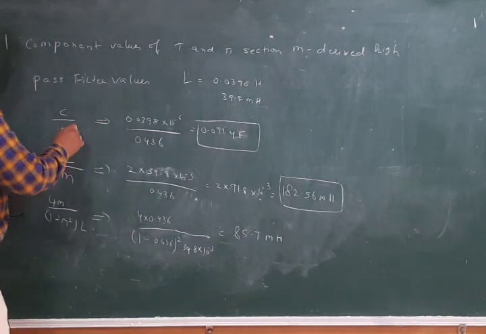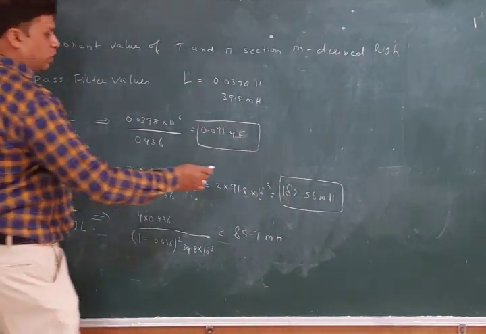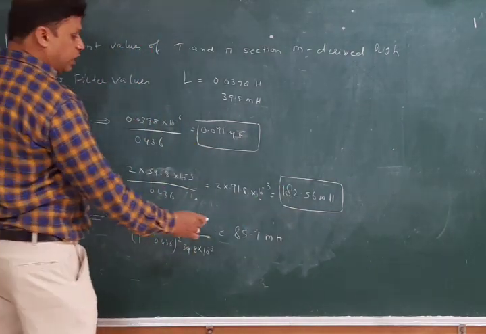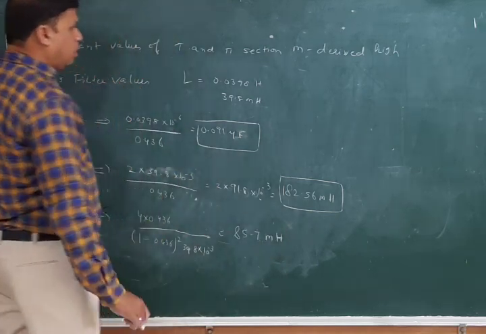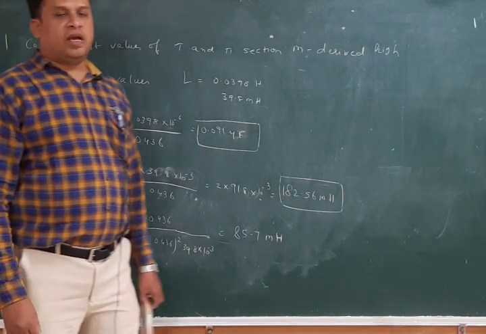So these are the values we have got: C by m is 0.091 microfarad, 2L by m is 182.56 millihenry, and 4m by 1 minus m square into L is 85.7 millihenry. Okay. Now, after getting these values, we have to find out the m derived high pass filter design.